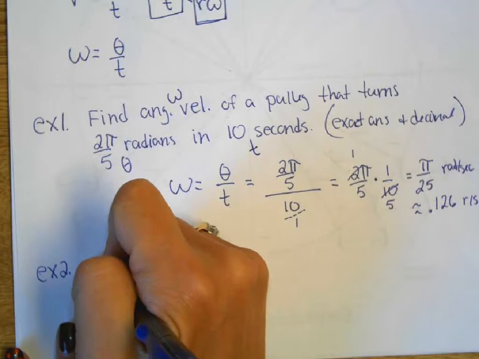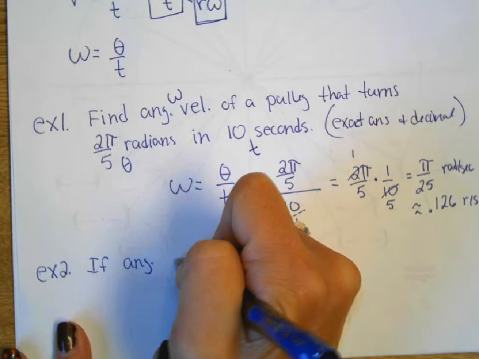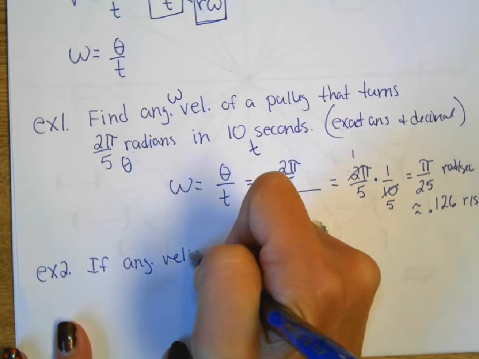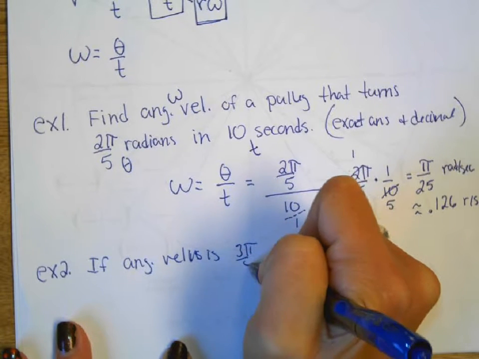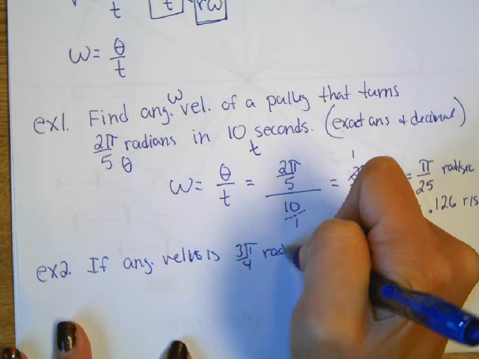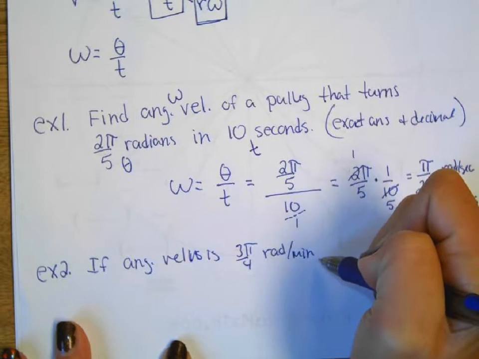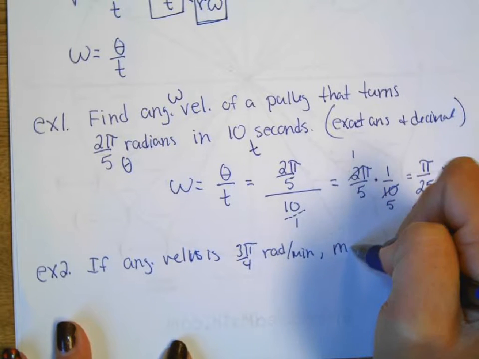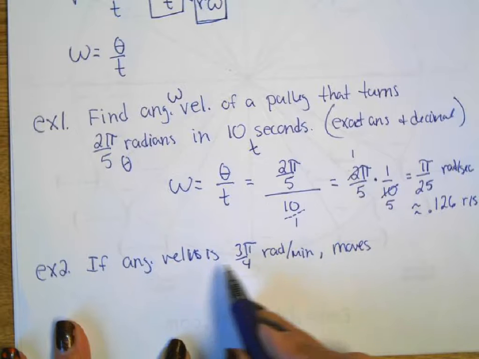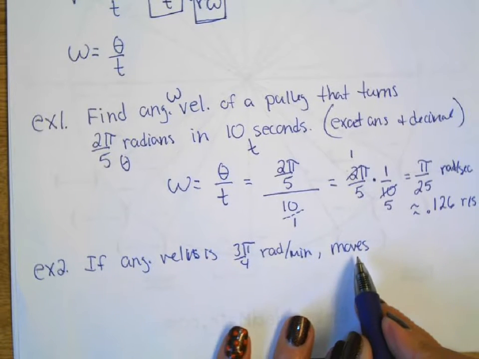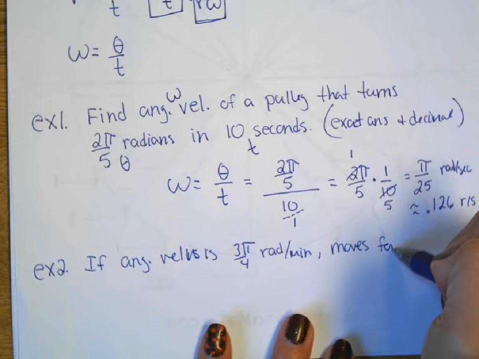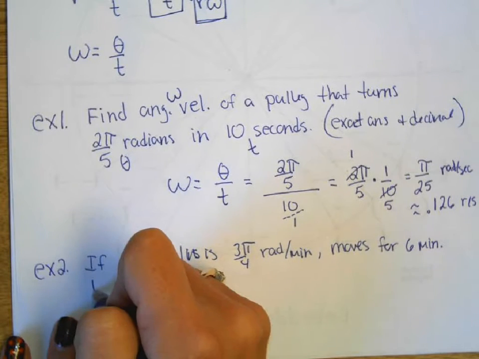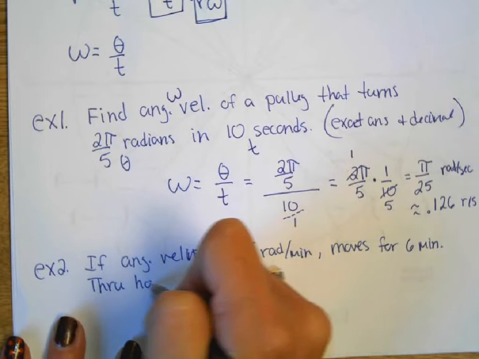So if angular velocity is 3 pi over 4 radians per minute, and this thing moves for 6 minutes, how many radians did it turn through?